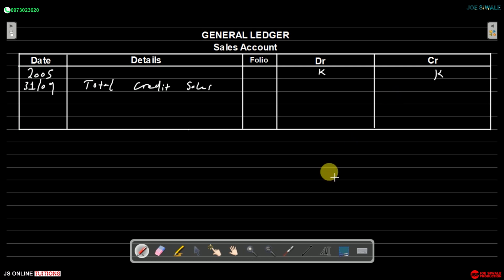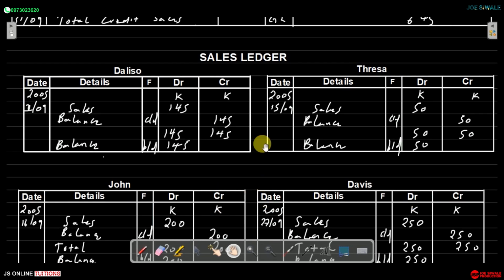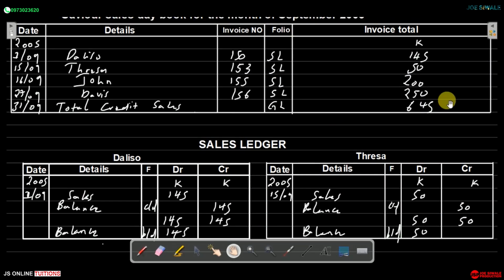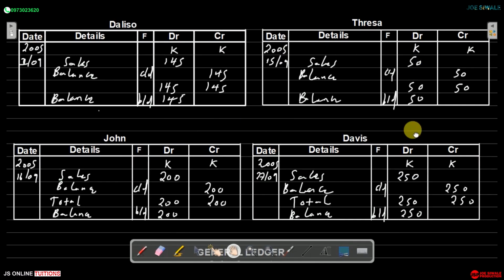The total credit sales you can take from the sales day book, and the amount that we found is 645.